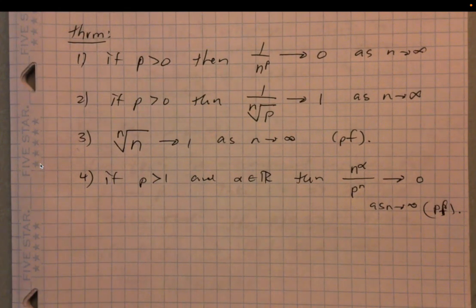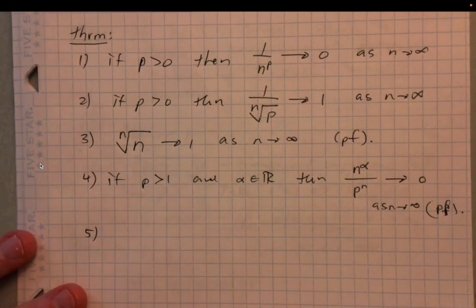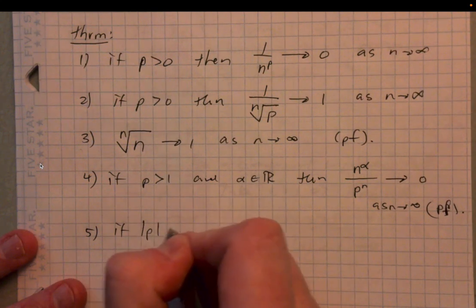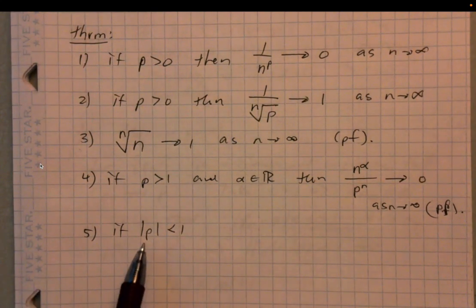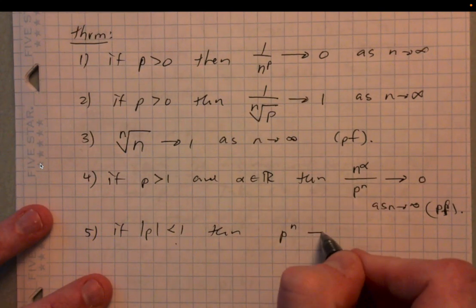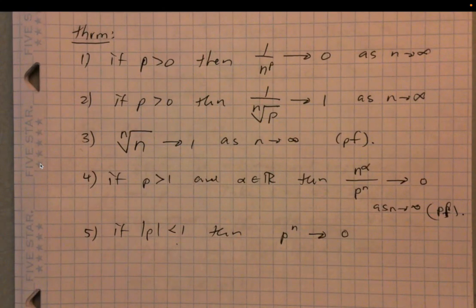Okay. And 5 says that if the absolute value of p is less than 1, so if p is between -1 and 1, then p raised to the nth power goes to 0. We'll definitely have seen that one.